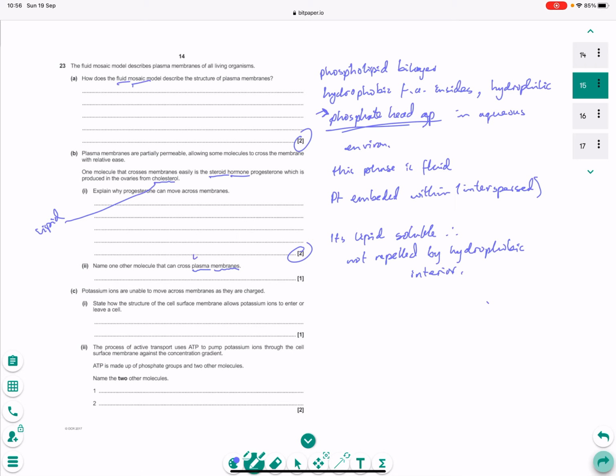This should say lipid bilayer. And that'd be a very small molecule like oxygen, water even, it's very small. Some can get through. Let me just double check the mark scheme on that. Hang on a second.